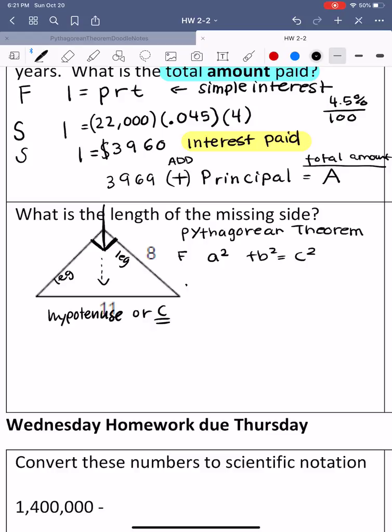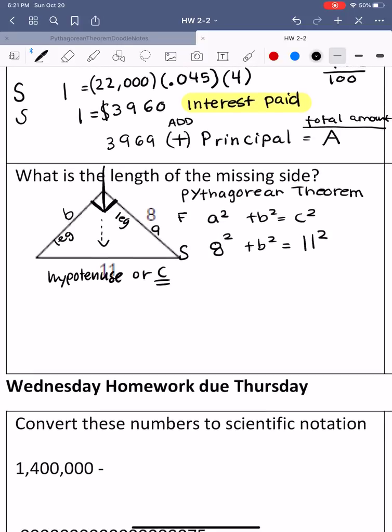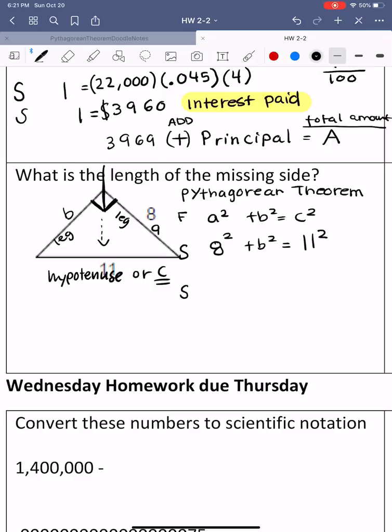As I substitute the numbers that I know, I'm going to label 8 as A, and I'll label this one as B. 8 squared plus B squared equals 11 squared. As I simplify this, I'll have 64 plus B squared equals 121. The problem here is that I need to get this B squared by itself.